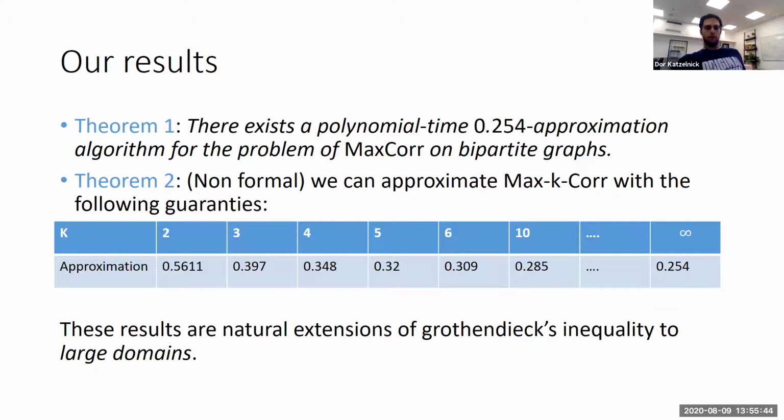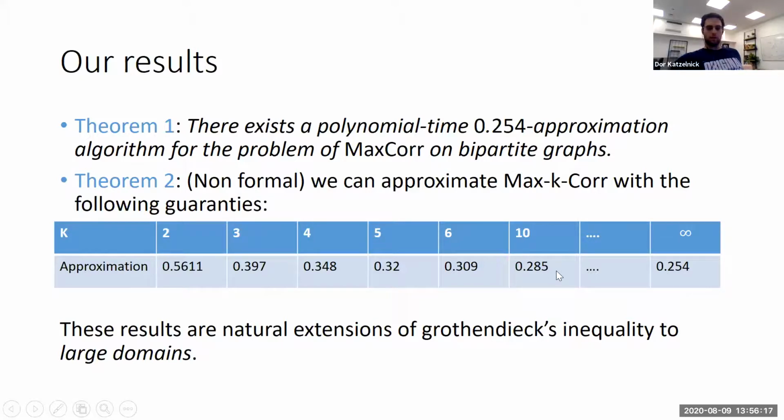Okay, and the second result, or basically an extension of the first result, is an approximation for MaxCorr with at most k clusters. And we can see in the table that for k equals 2, we have the same guarantee as in Grothendieck's algorithm. And as k gets bigger, the approximation factor decreases. Okay. And for arbitrarily large k, we reach the approximation factor of theorem 1.